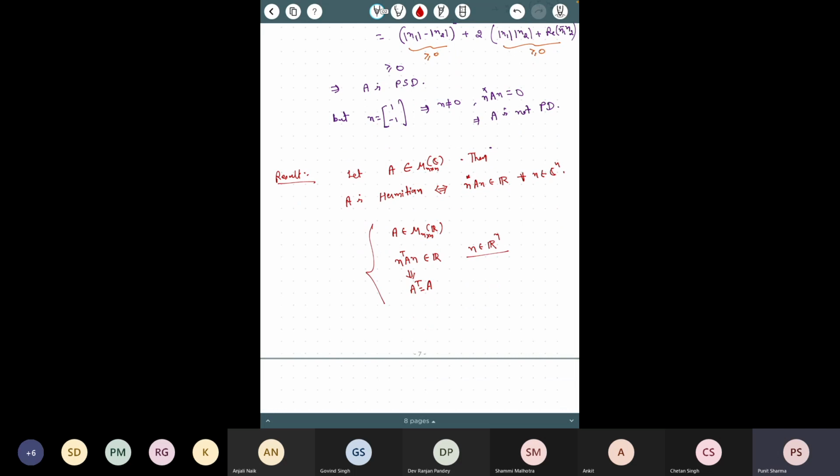This is true when X is varying over Cn. If x star Ax is real for all x, then only you can say that A is Hermitian. But if A is a real matrix and you take any real vector, then x transpose Ax is always real, but this does not imply that A is symmetric.